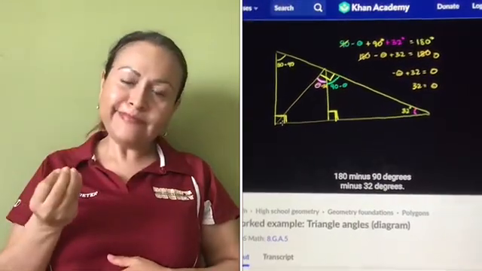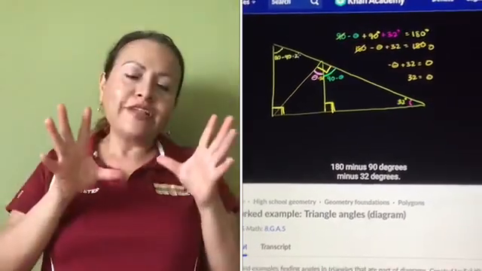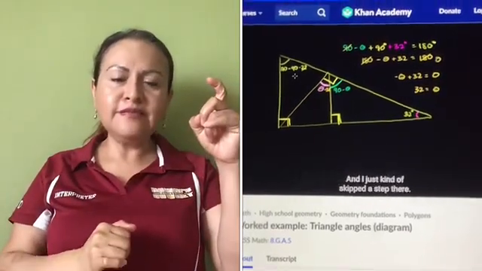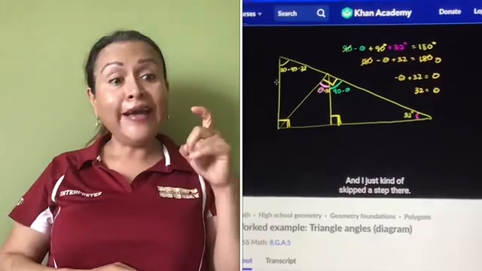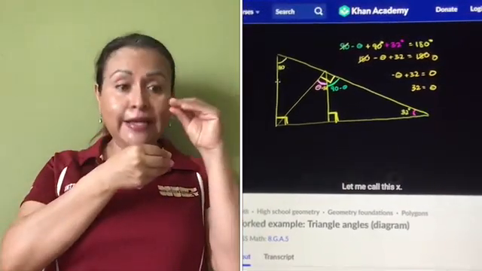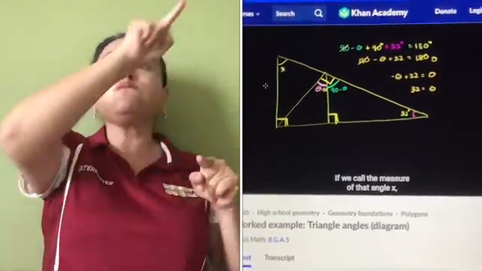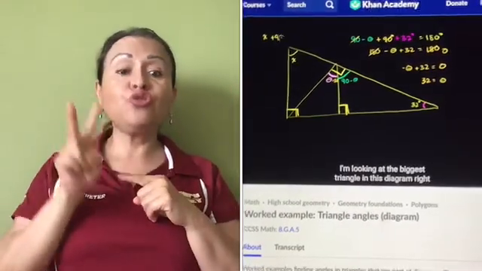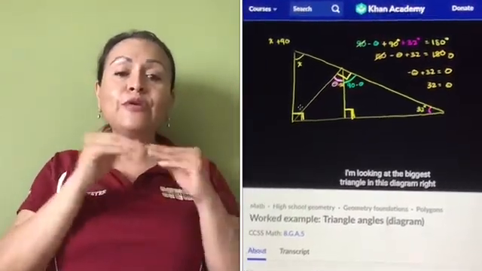And I just kind of skipped a step there. Let me not skip a step. Let me call this x. If we called the measure of that angle x, I'm looking at the biggest triangle in this diagram right here. x plus 90 plus 32 is going to be equal to 180 degrees.